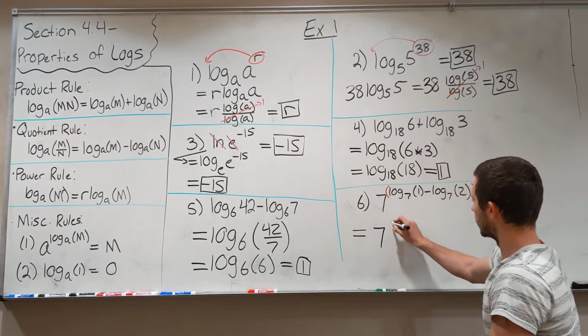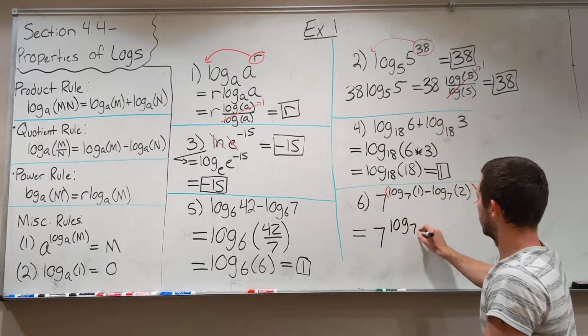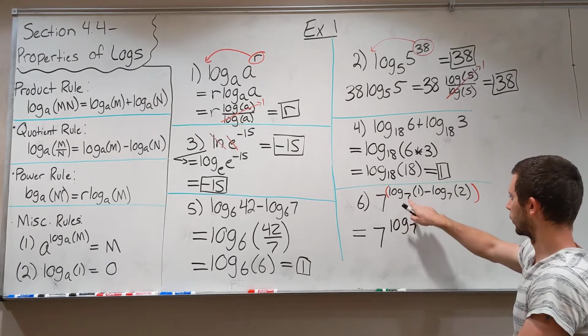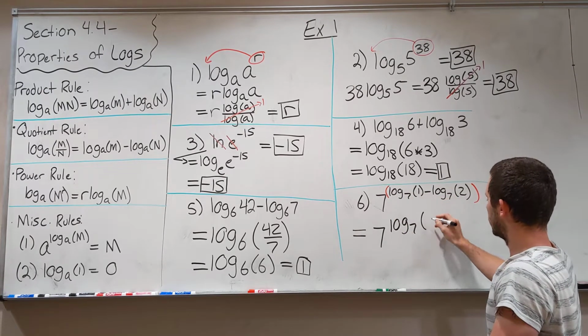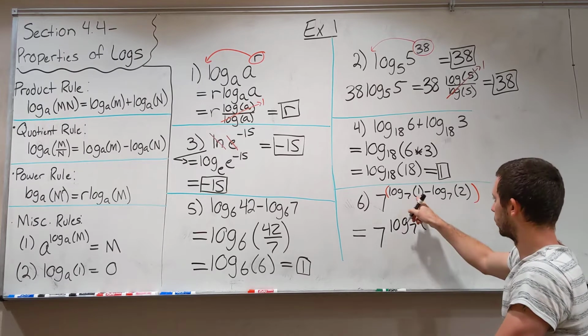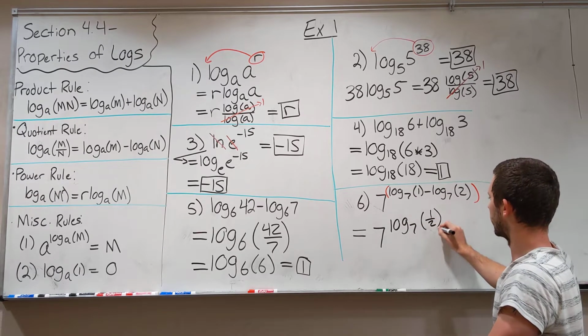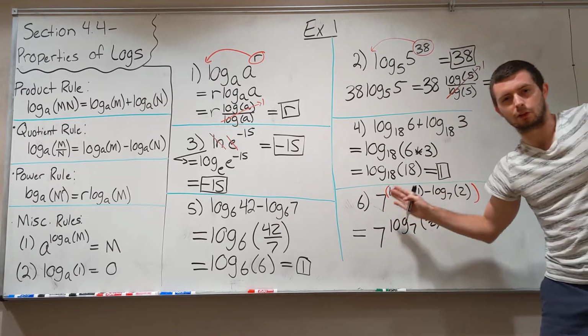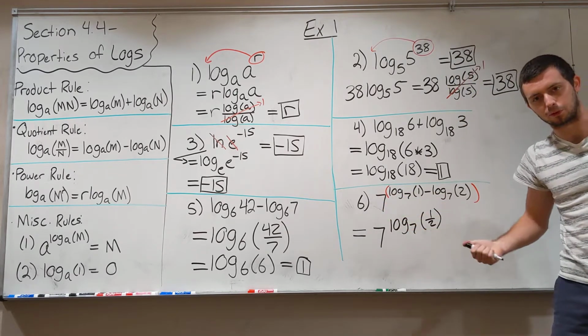So what that would end up being, we can combine these 2 logs together to get one logarithm with the same base. And then the quotient would tell us, well, the 1 goes on top and the 2 goes on the bottom. And so all of that, just because it was in the exponent when we started, it's still in the exponent now.